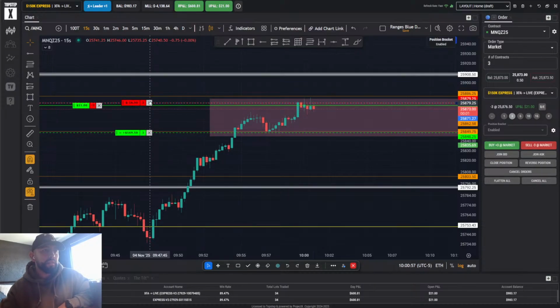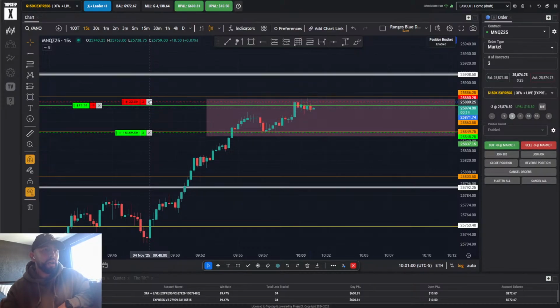Once it breaks these lows down here, like the 66, I'd probably just go break even, because at the end of the day, I don't want it to go higher. Stop me out if you need to, but it hasn't broken the lows, so my stop is still above this high.